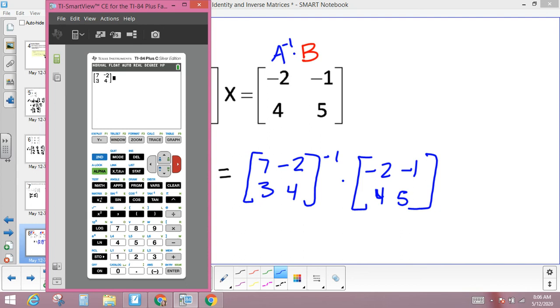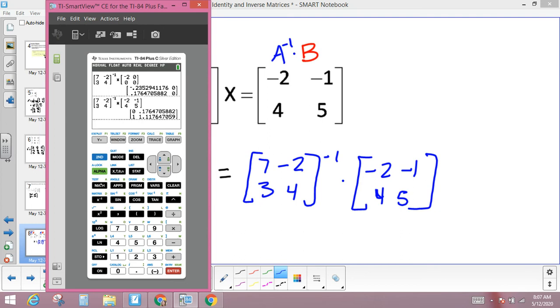And then we want the inverse of that times, and then we need another matrix that's also a 2 by 2, and it is the -2. See, y'all, I told you, if you hit enter, it completely messes everything up. So let's go back. All right, -2, -1, arrow for 5. All right, now that it's all typed in there, we hit enter.